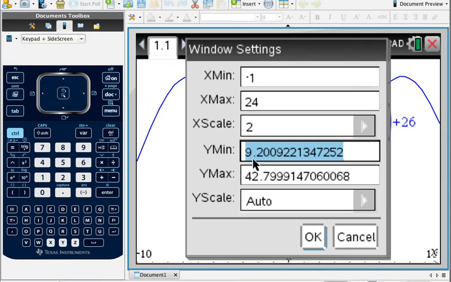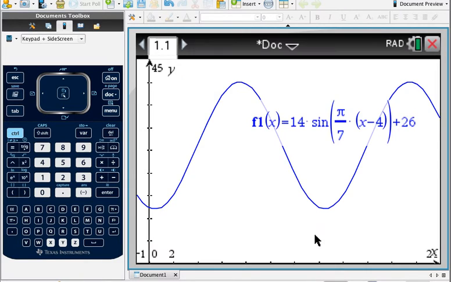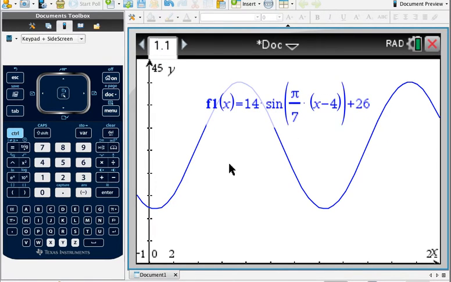If I'm close to 0 for my Y minimum, or to the X axis, I'm going to go ahead and use 0 for my Y minimum. And I always want to go a little bit higher, so let's use 45 for my Y max, and a scale of 5. Sounds good to me, right? Sounds good to you. All right. So now I get a better picture of my graph.